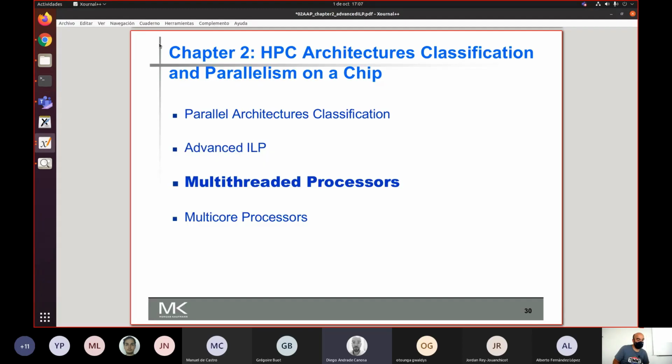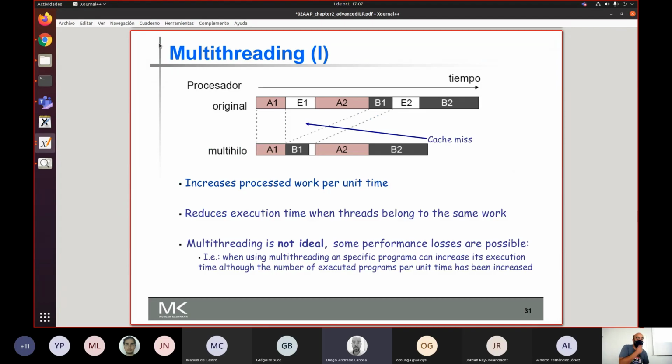So does anybody know the difference between a process and a thread? Because apparently they are the same, no? We can create several instances of the same program. Can anybody give me a quick definition of a thread? What is a thread compared to a process?